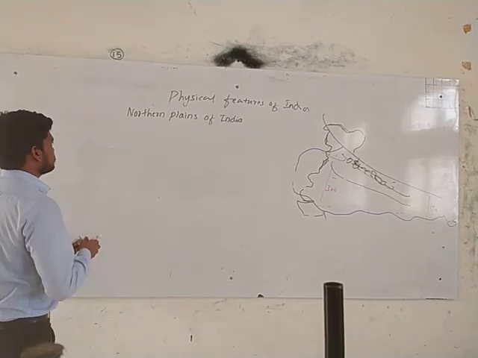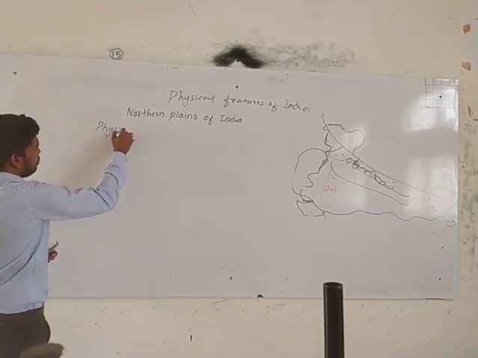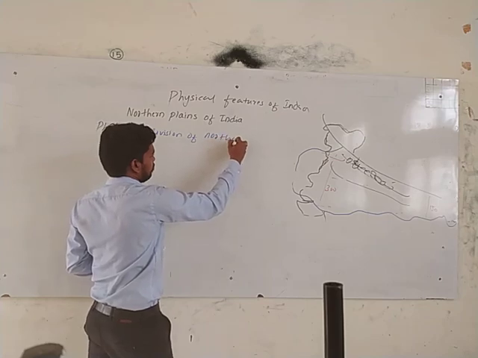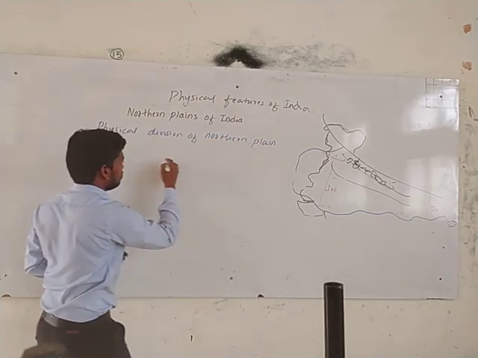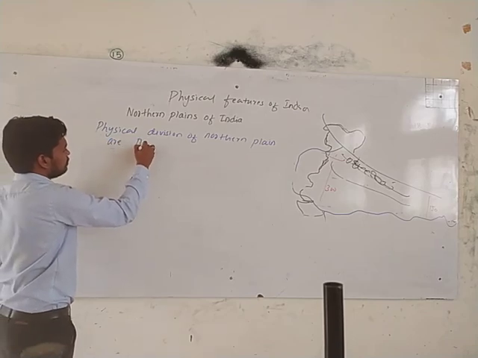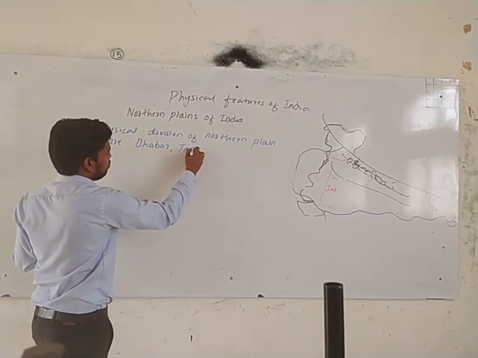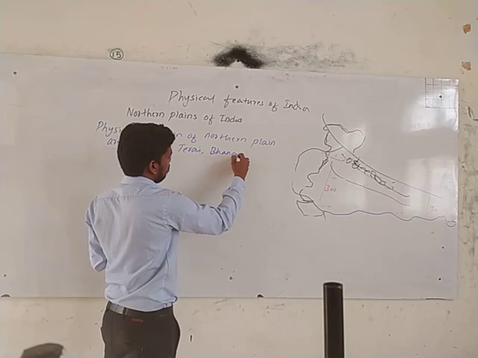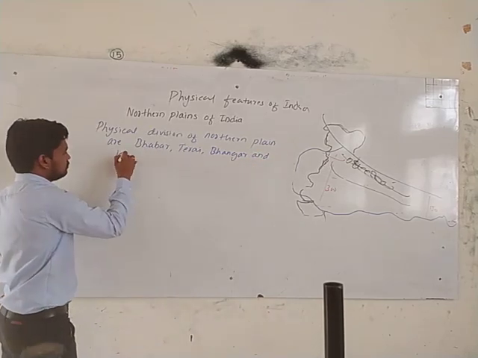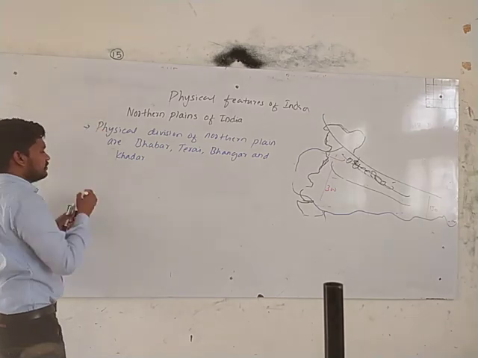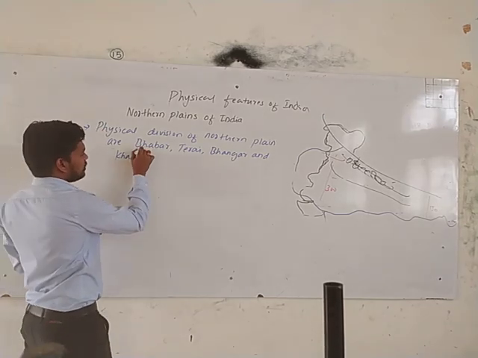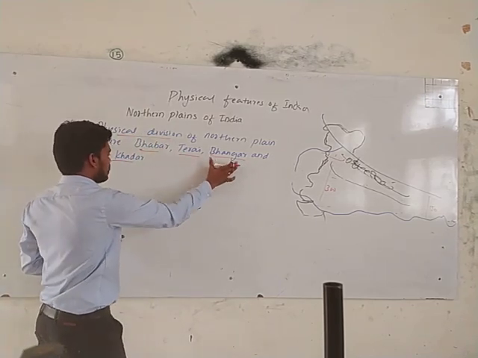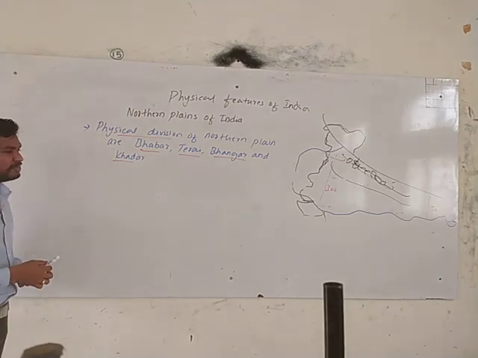The physical divisions of the northern plain: Bhabar, Terai, Bangar and Khadar.